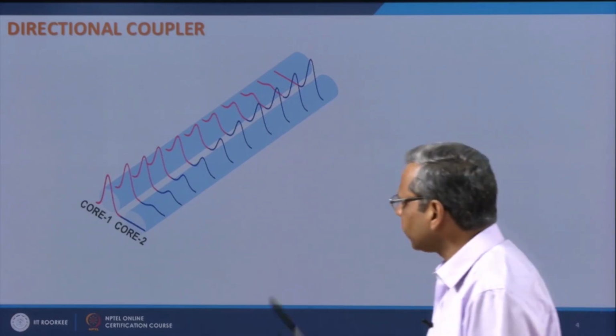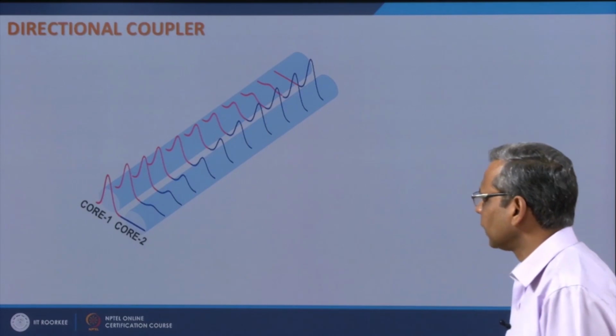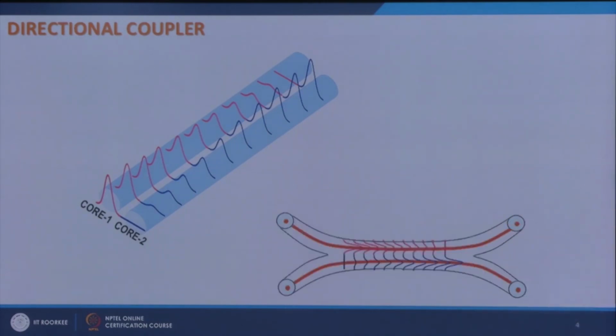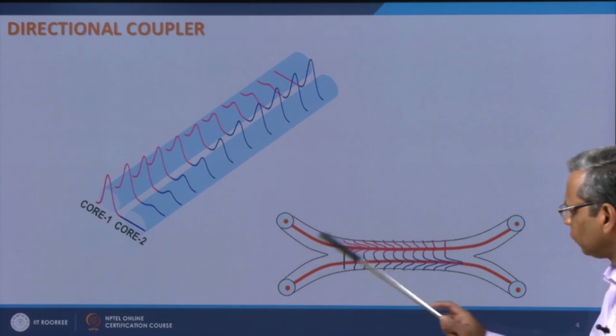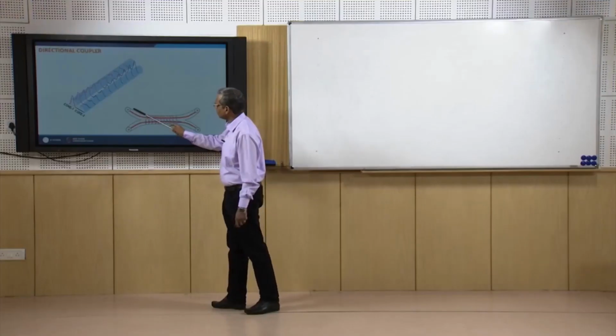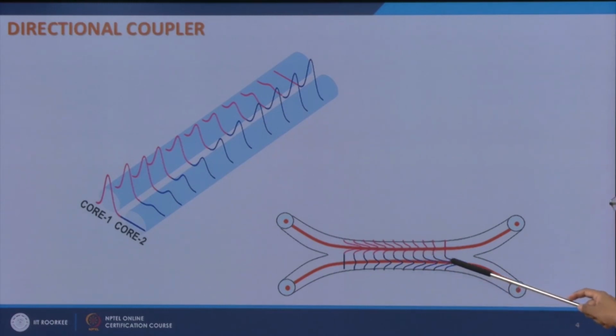So, there is a switching of power from core 1 to core 2. If I look at it as a 4-port device, then this is port 1, port 2, port 3, port 4, and if I launch light in core 1, then light may come out of core 2 in the output end.